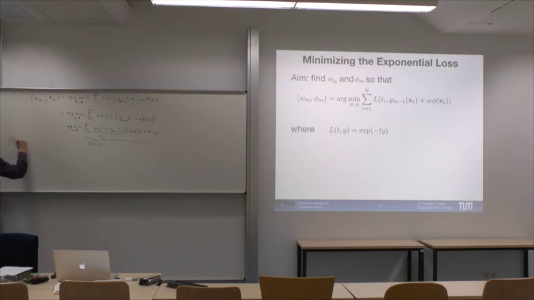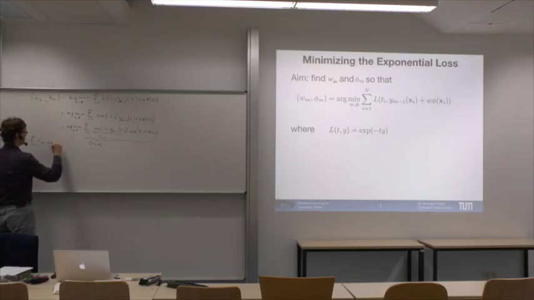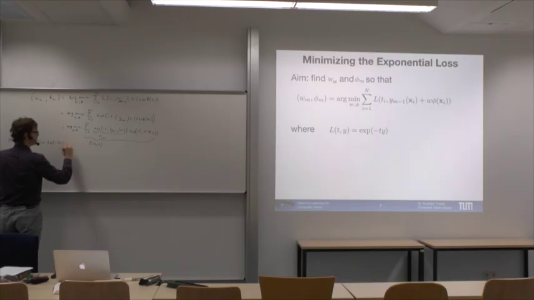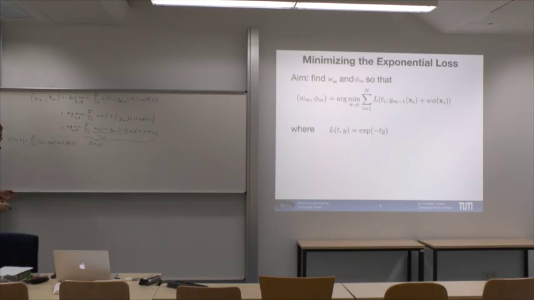So let's write this down again. E of W and phi equals, now let's make it a bit simpler, our sum over i of the exponential of minus W times Ti phi of Xi. Now, we have this thing here.